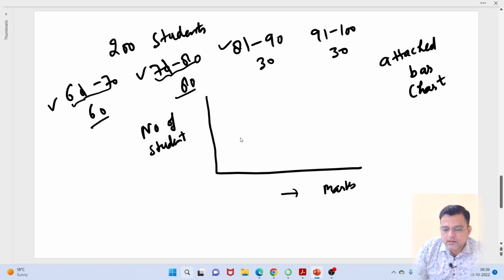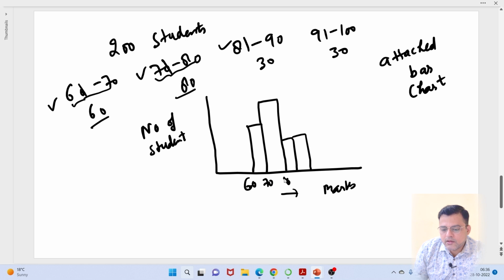So first is 60 to 70 like this, and then 70 to 80 like this, and then 81 to 90 like this, and then 91 to 100 like this. So this is 60, 70, 80, 90 and 100, and this is your marks.